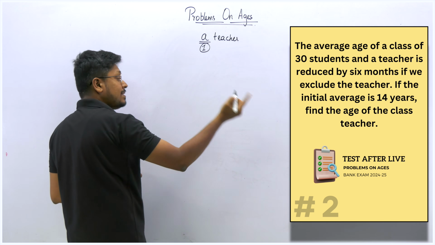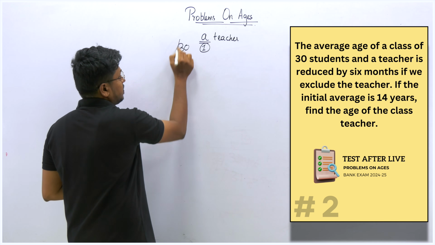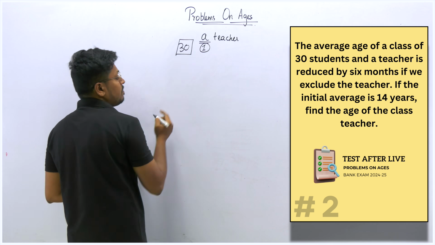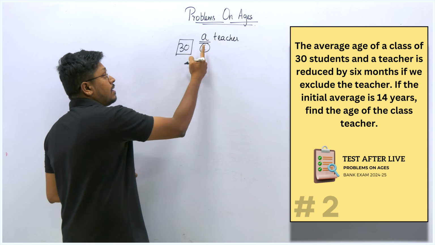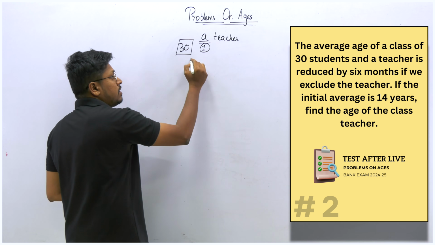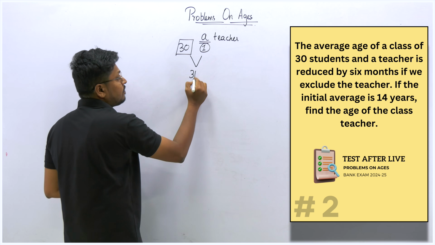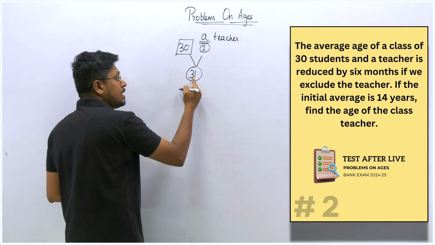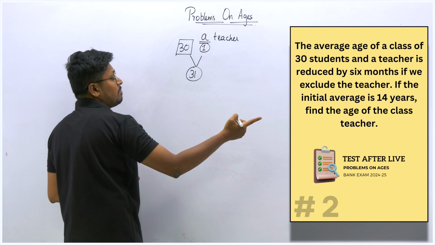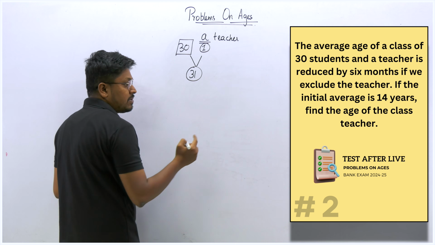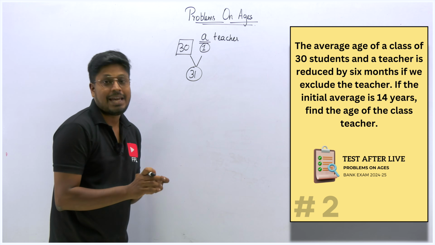But how many students are there in total? There are 30 students. So in the classroom, we have 30 students and one teacher, so in total we have 31 people. And the average of all the 31 people is how much? 14 years. At last you can see the initial average age is 14.